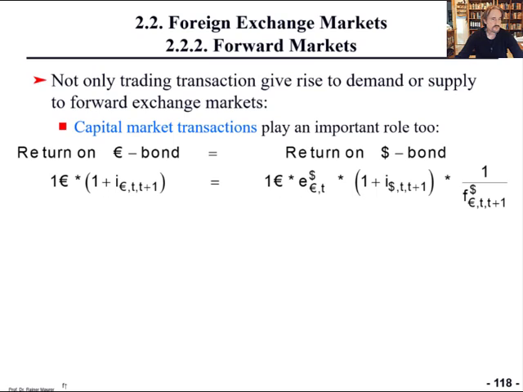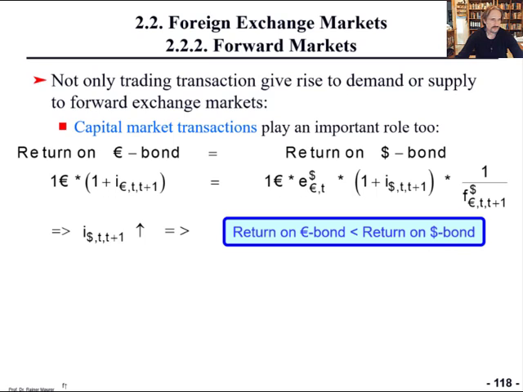Now let's assume that, for example, the dollar interest rate increases. What consequences will this have for the forward exchange rate? Well, in this situation, for a short moment in time, the return on the dollar bond would be larger than the return on the euro bond.